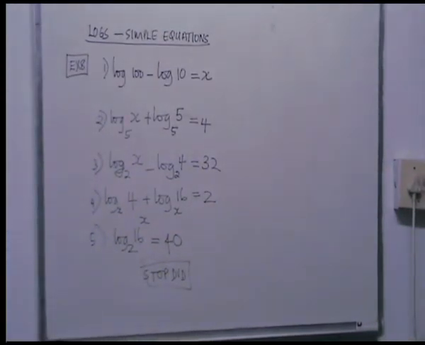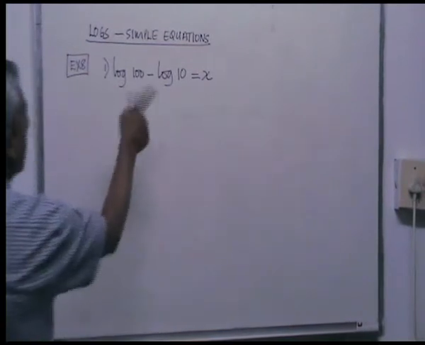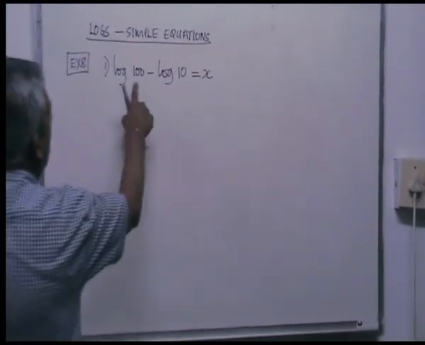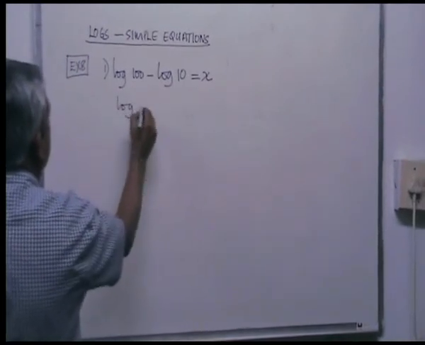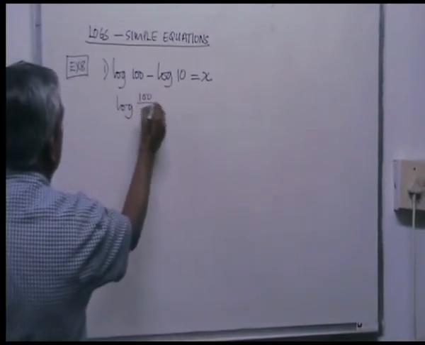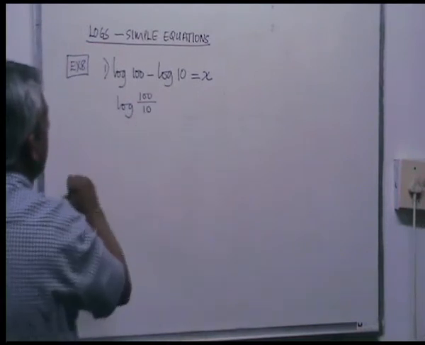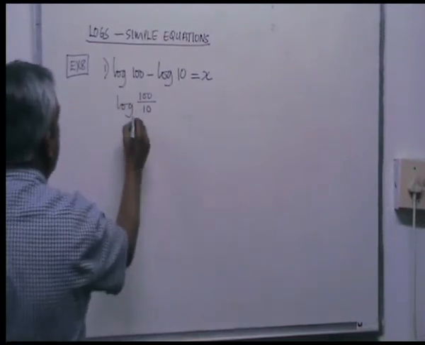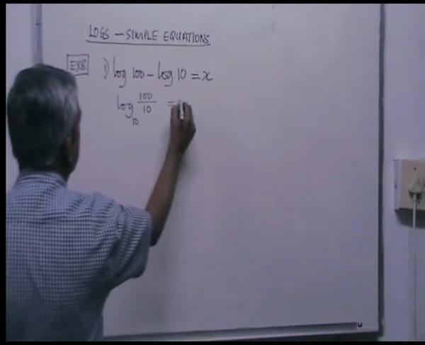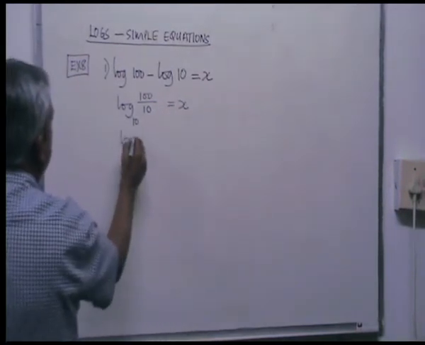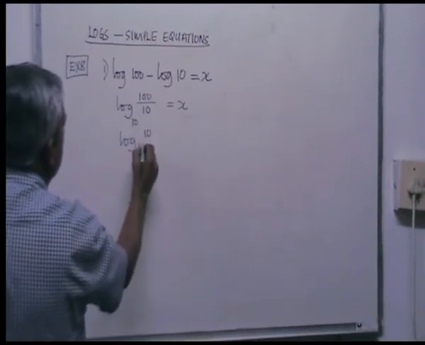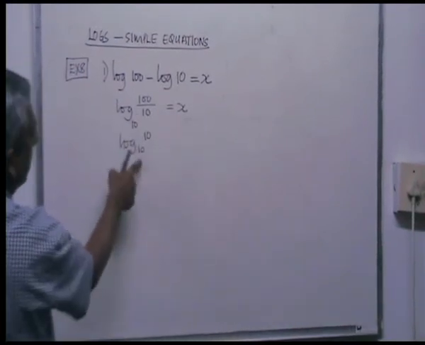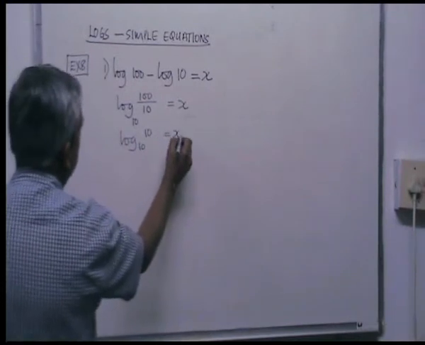Alright. So that was number 1. When you looked at this question, you said, well, this is A minus B, so I can use the quotient law and say that's 100 over 10, and the base is understood to be 10, is equal to x. And that simplifies: 100 divided by 10 is 10, and there's the base 10, is equal to x.